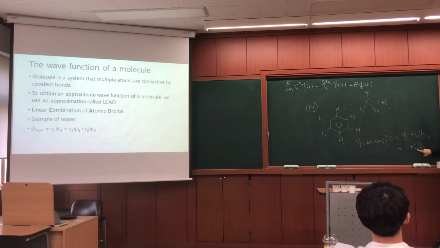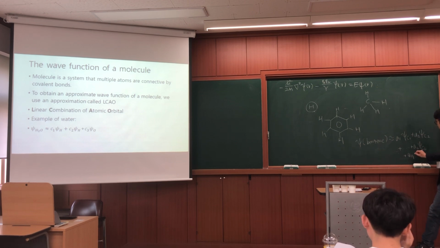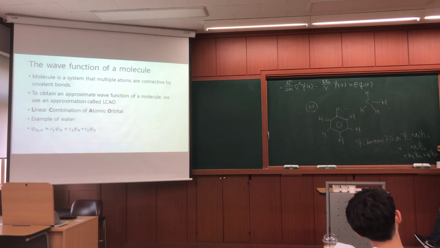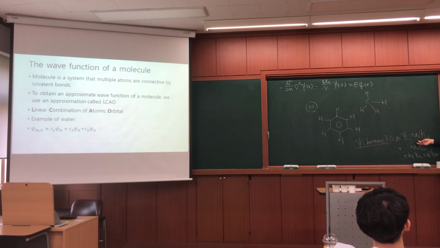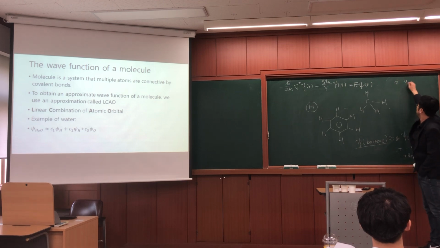Here C is a coefficient, so let's use A instead of C. A, and plus A7, H1, A, H2, and so on. Since it's too complex to write down the wave function of this molecule directly, let's assume that it's just a summation, a linear combination. The linear combination means, when there are variables, linear combination.